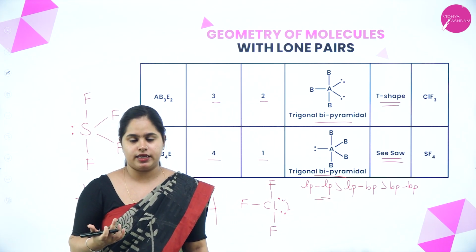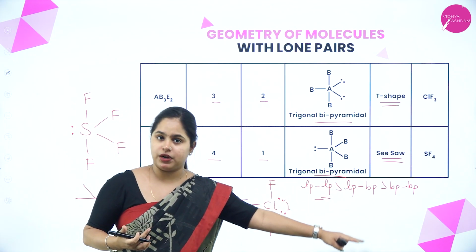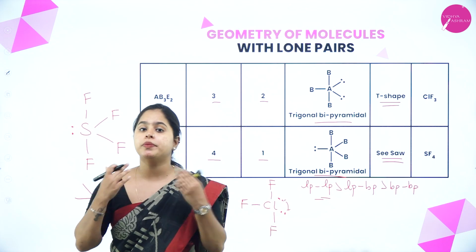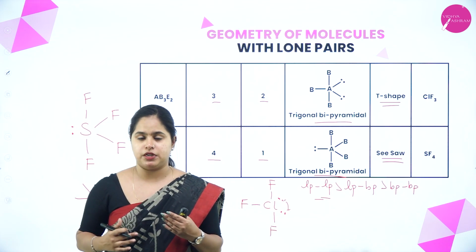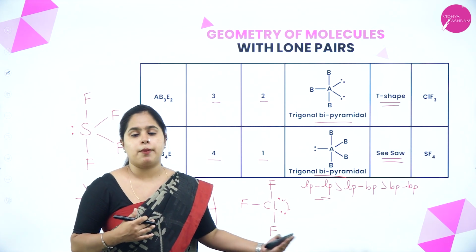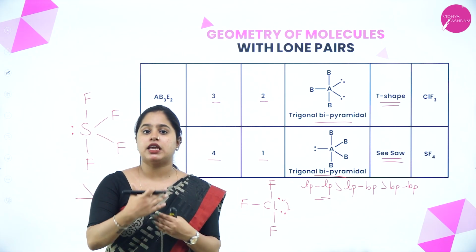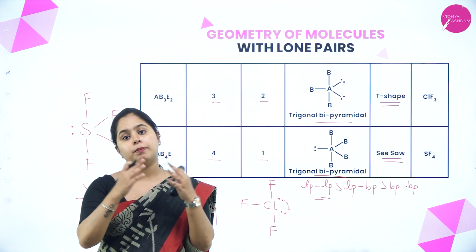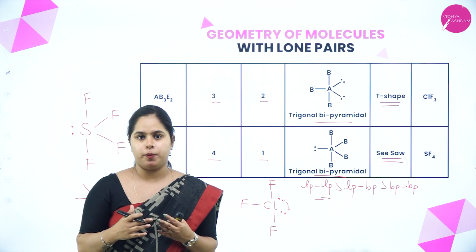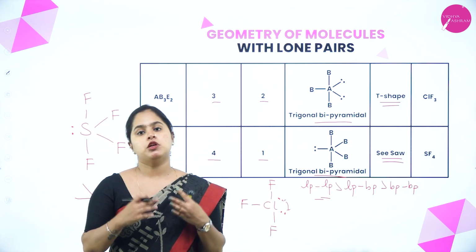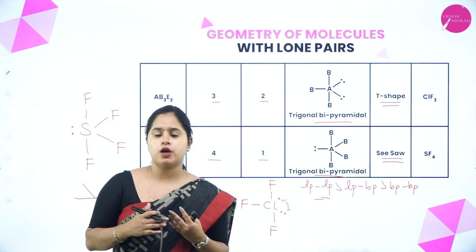Because of these repulsions, that is lone pair-lone pair, lone pair-bond pair and bond pair-bond pair repulsions, the bond pairs and lone pairs try to attain a position where minimum repulsion and maximum distance will be obtained. Hence, the geometry and shape will be different when lone pairs are also present. I hope it is clear.